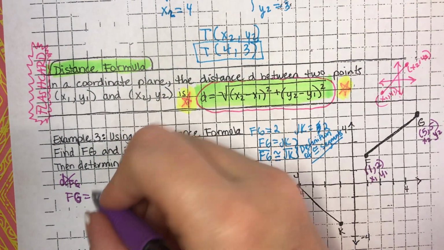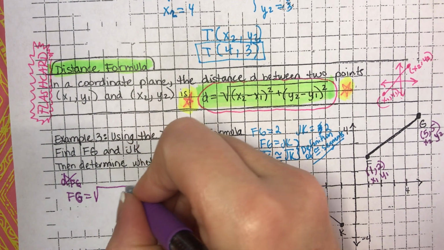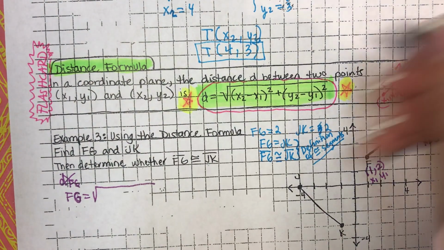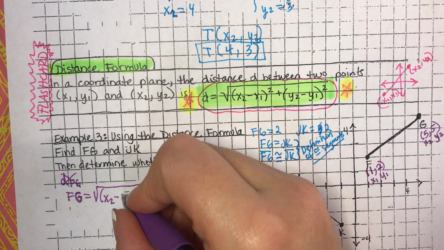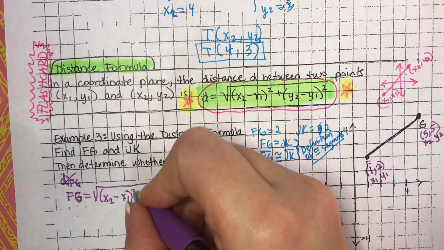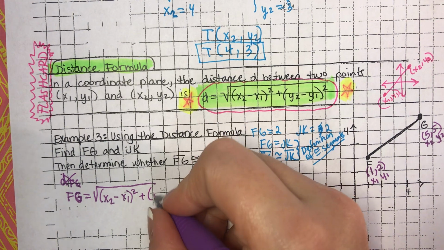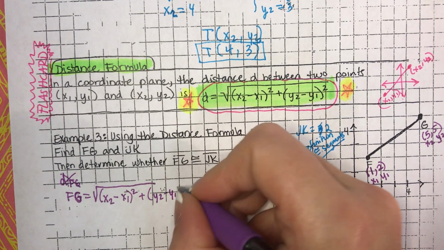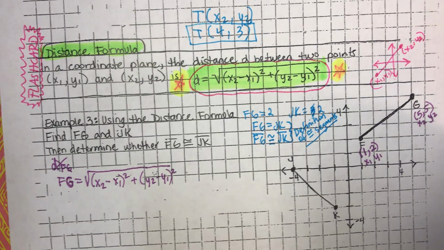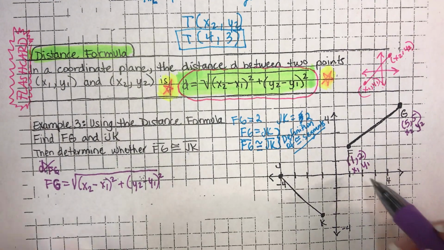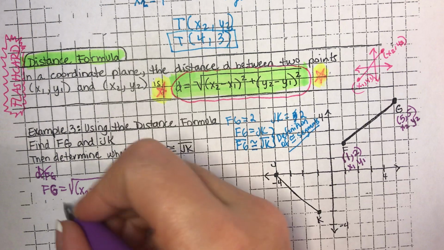FG is equal to, and we're going to write the distance formula, okay? It's the difference of the x values, so x2 minus x1 squared, plus the difference of the y values, which is y2 minus y1 squared. Okay. And then we defined our variables over here, so we're just going to substitute those values in.